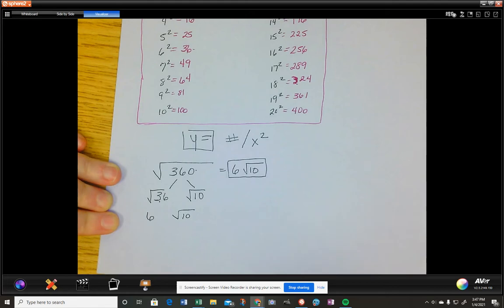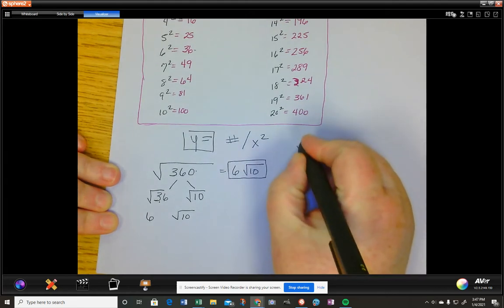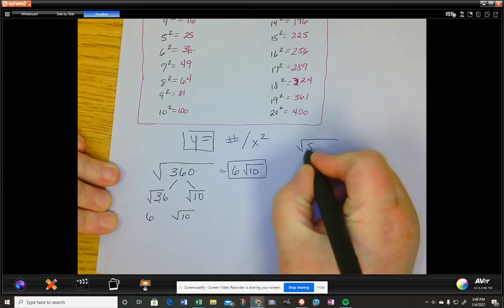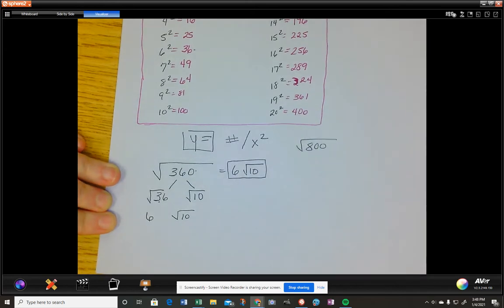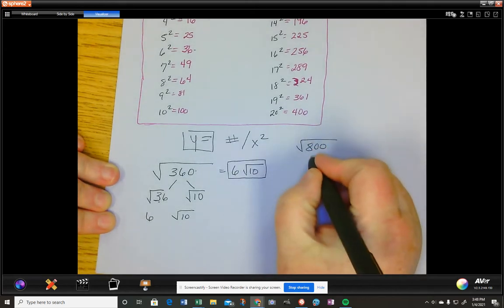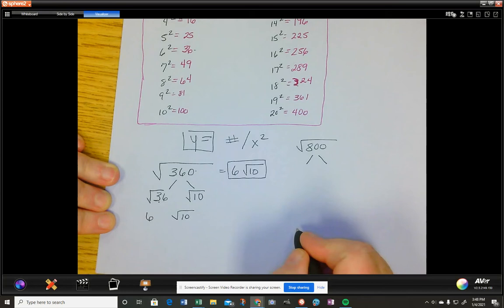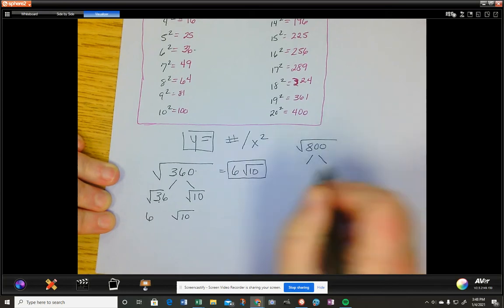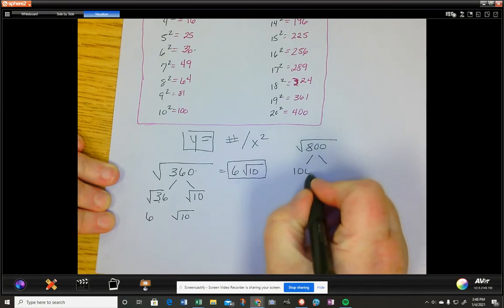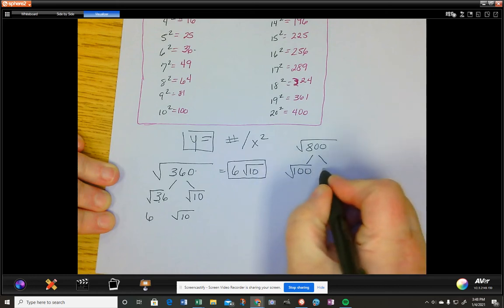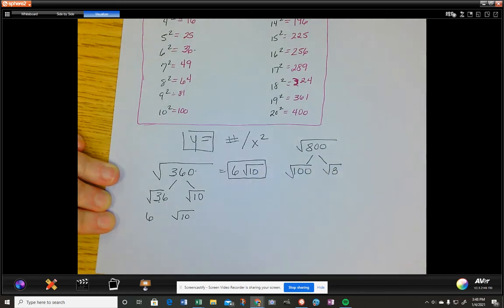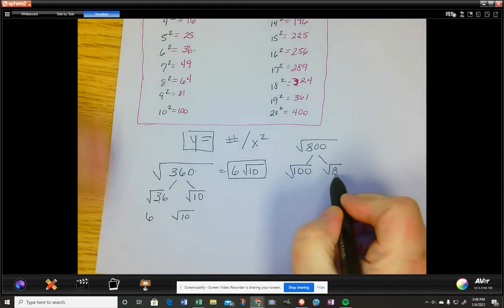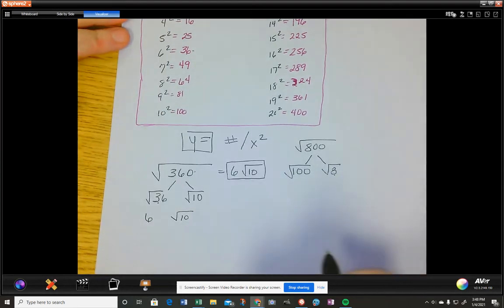Okay, and let's try another one. Square root of 800. Let's do it the long way first. Well, it's got a 100 in there. I'm going to pull out the 100 times square root of 8. Okay. Does 8 have a number in it that I could pull out?